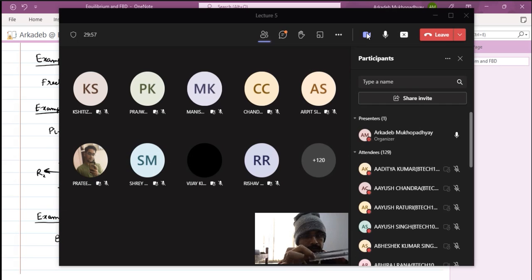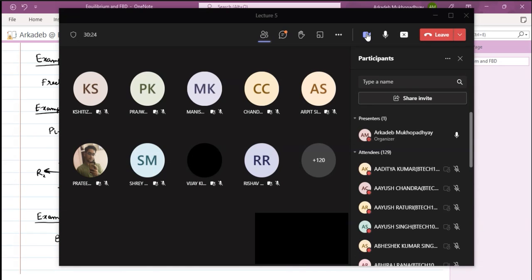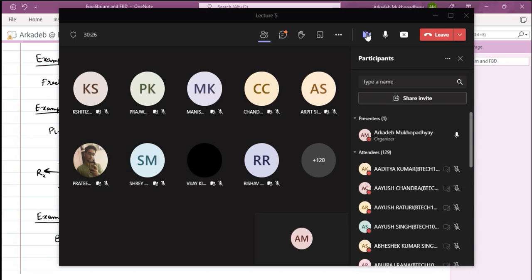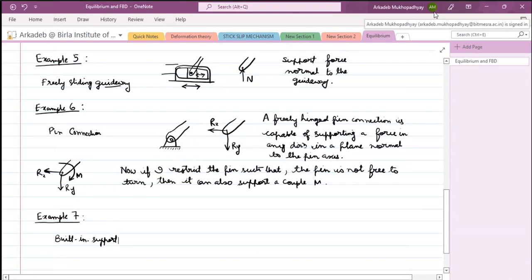But if I prevent rotation of this pinned joint, now if you try to apply some force, you will feel that some turning moment is acting on the pin. Correct? Got my point now? Just use your skill and try to feel it. That is also very important.